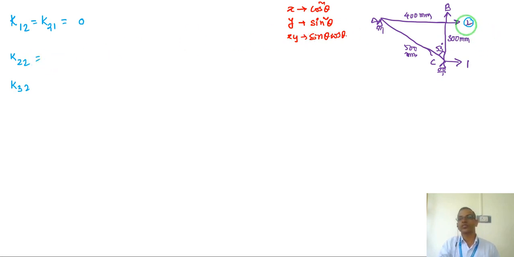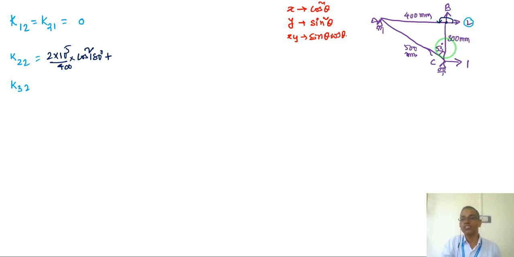So now, if you see K22, 2 is x direction, right? Both are 2 2, so same x direction, cos square. So now AE by L, so AE 2 into 10 power of 5 by L. At the joint, the two-coordinate joint will have two members, so I have to take the summation of both. So AE by L into 400 by 400 into cos square, angle of that member AB from the positive x-axis. This angle is 180 plus.